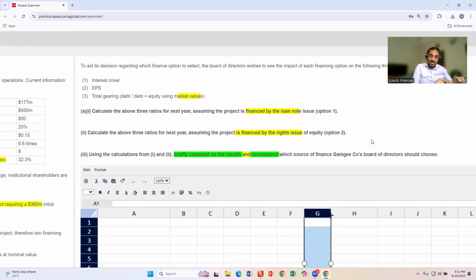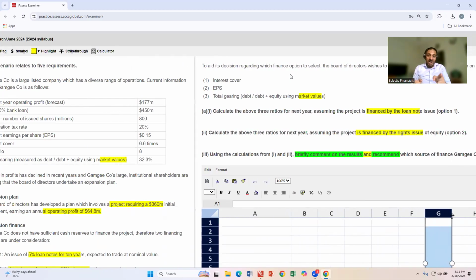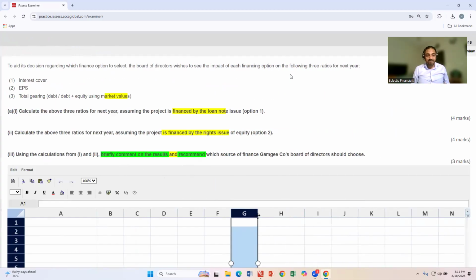One comment is about finance by debt, one comment is about finance by equity, and recommendation. Sorry, if it's 3 marks: 1 mark for comment on finance by loan notes, 1 mark for comment on finance by rights issue, and 1 mark for recommendation.